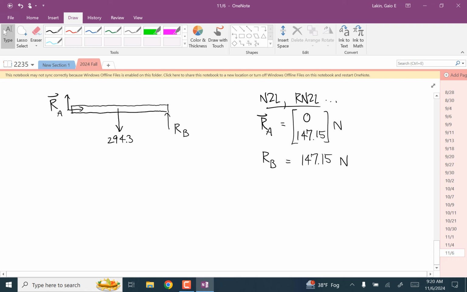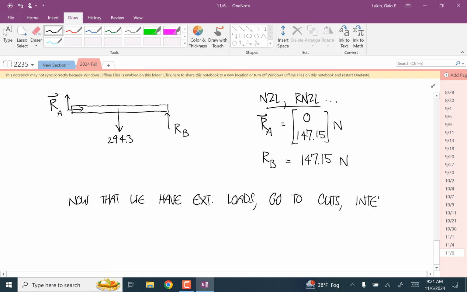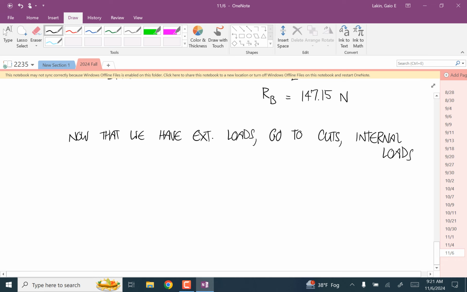So now that we have the external loads, we're going to go to the cuts and the internal loads. I'm going to start out by redrawing the free body diagram of the whole thing.